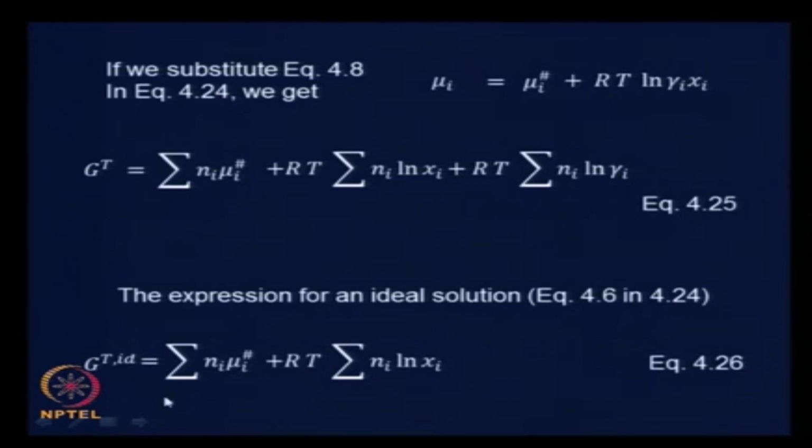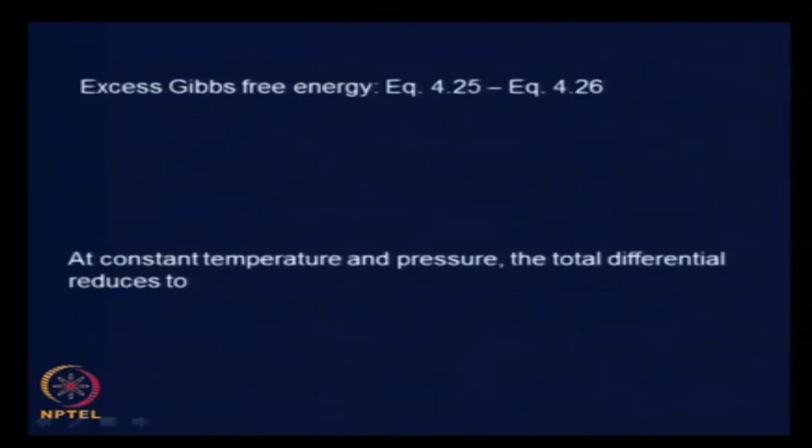As you can see, this term is going to cancel with this term, and so only this term is going to remain for the excess Gibbs free energy. G^tE equals RT sum over Ni ln gamma i. Let us call this equation 4.27.